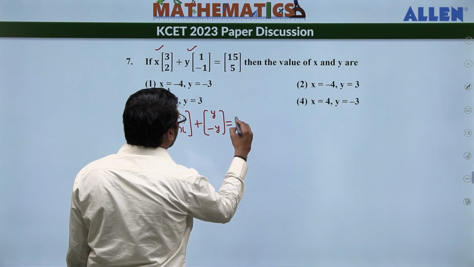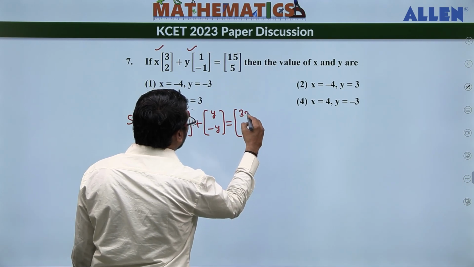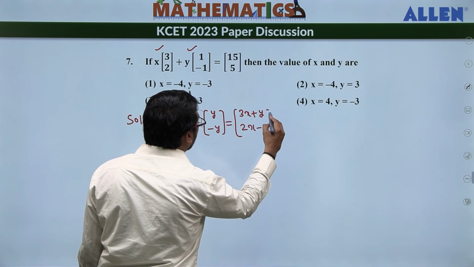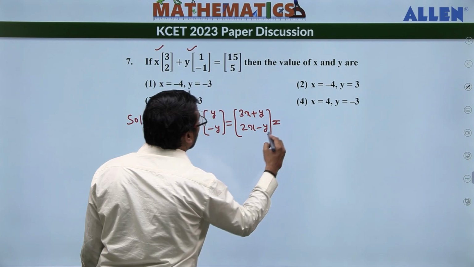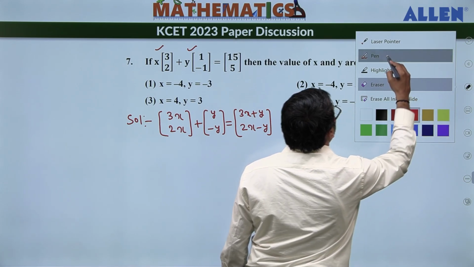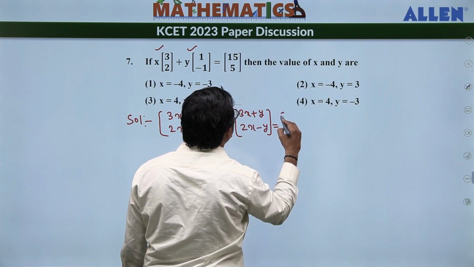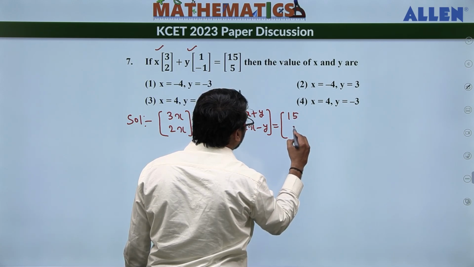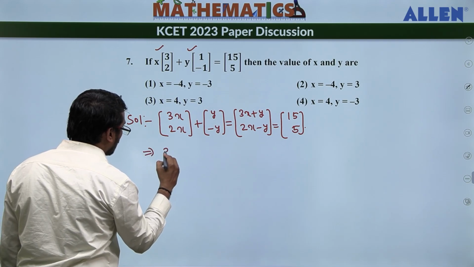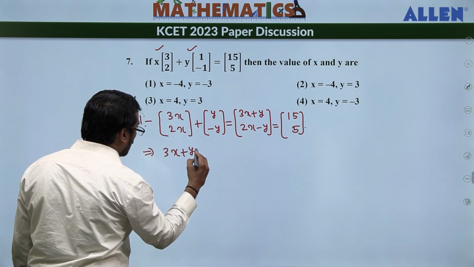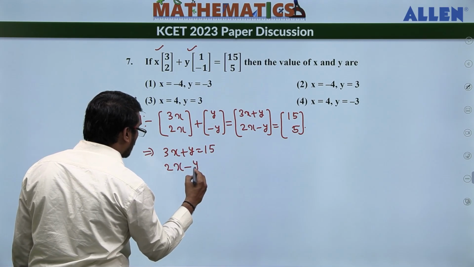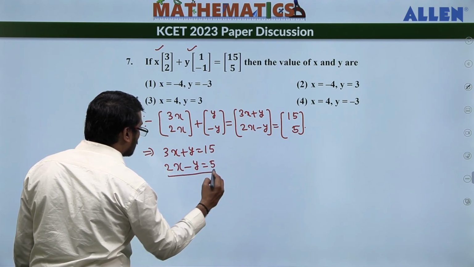That becomes 3x plus y, 2x minus y. 15, 5. So 3x plus y is equal to 15, 2x minus y is equal to 5.